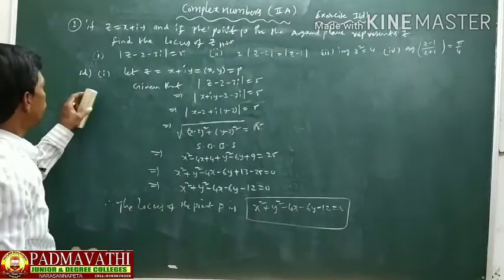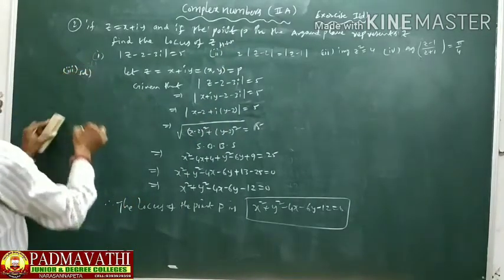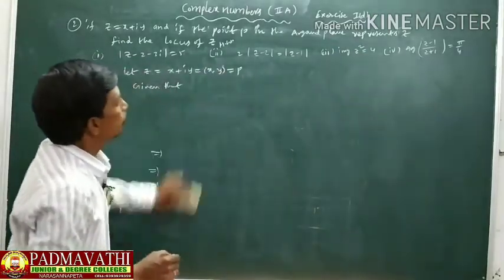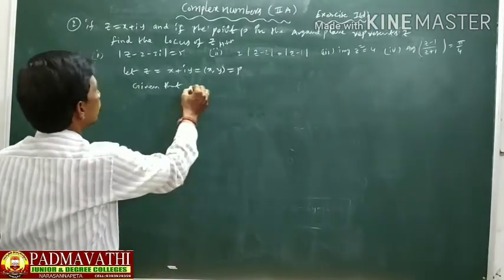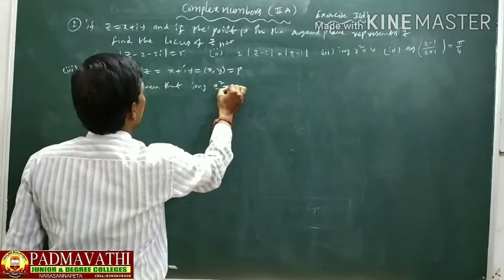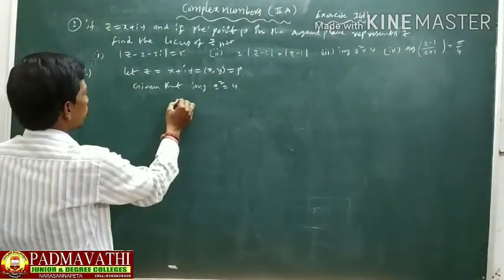Now third problem. It is given that imaginary part of z square equals 4. What is z square?